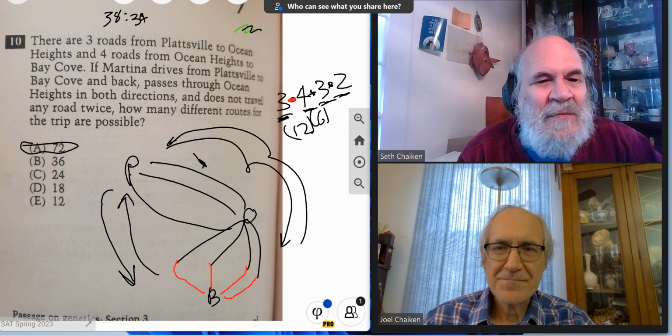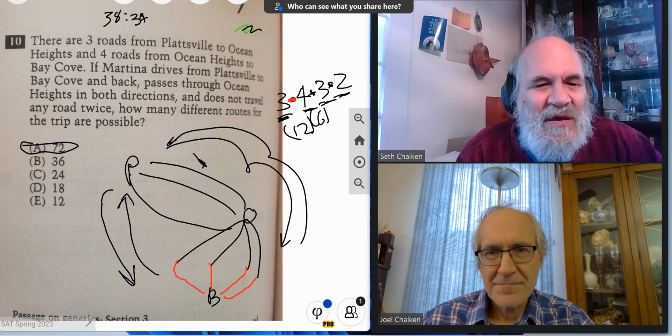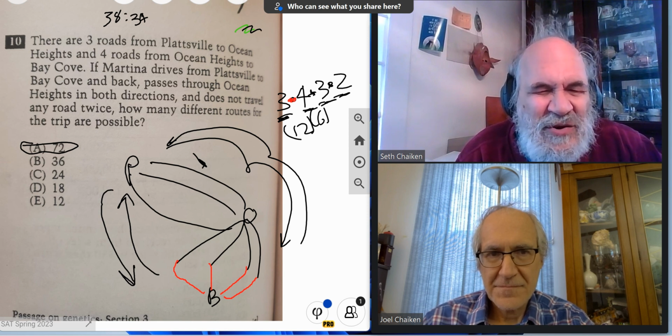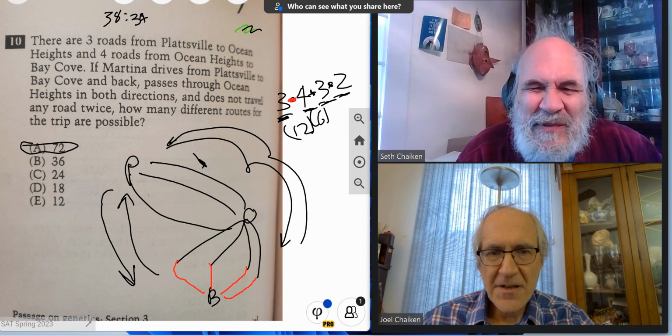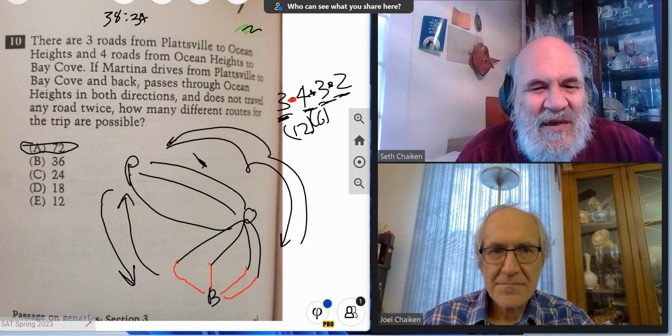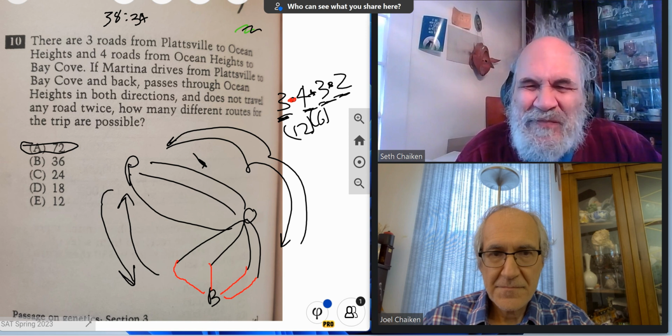Okay. And then when you get to Ocean City, you face a second menu with 4 choices. Got it. You pick one of those choices. Then you get to B. When you're at B, you face the third menu.